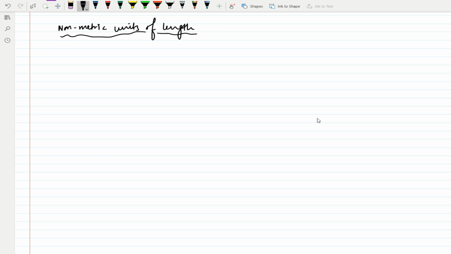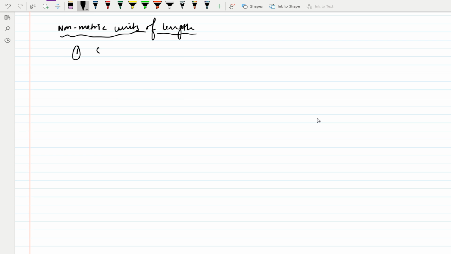Now we come to some non-metric units of length. What are these non-metric units of length? These are actually not having any of those above prefixes, which I have given in the table. So these non-metric units of length have bigger units and smaller units also.